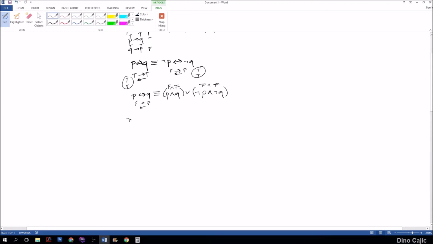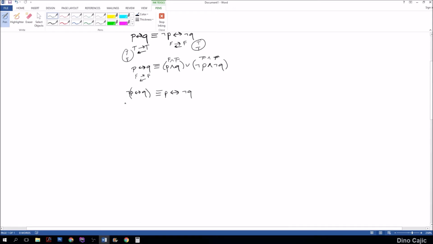The last one we're going to look at is the negation of P if and only if Q is equivalent to P if and only if not Q. This one looks like it'll be tricky, so I think the best way to do this is with a truth table.